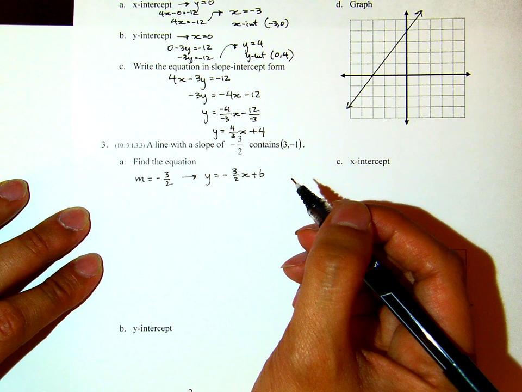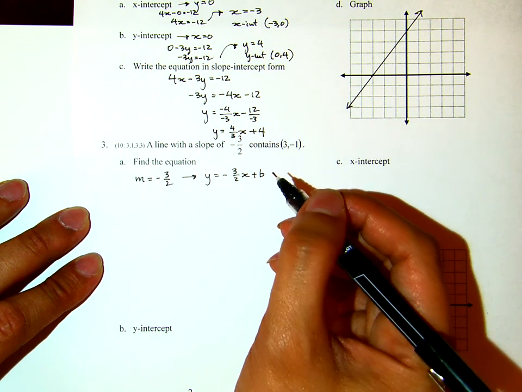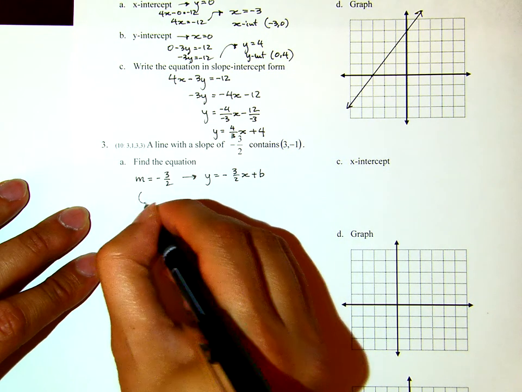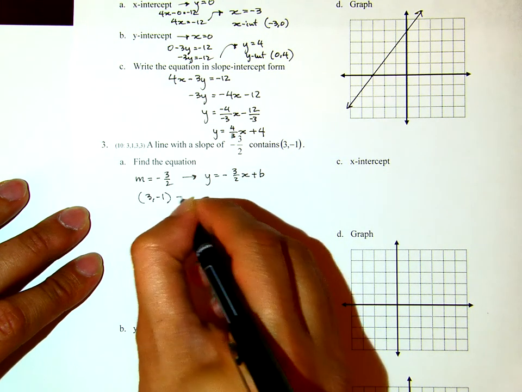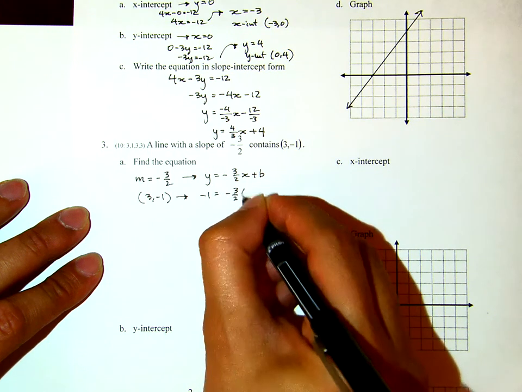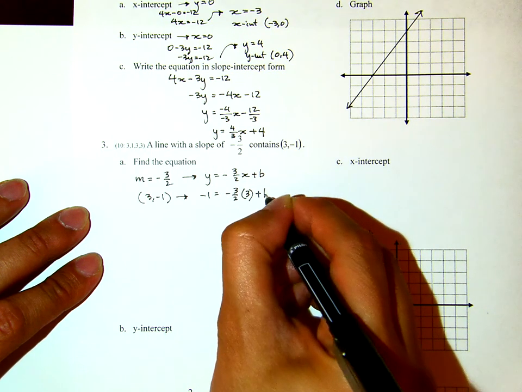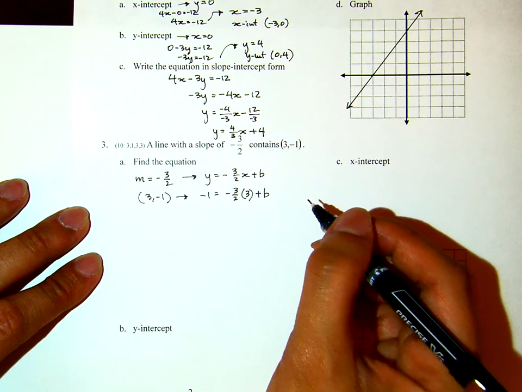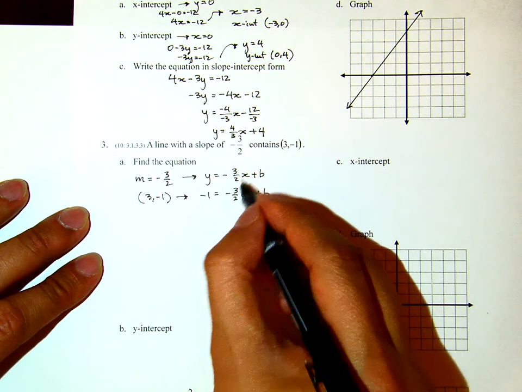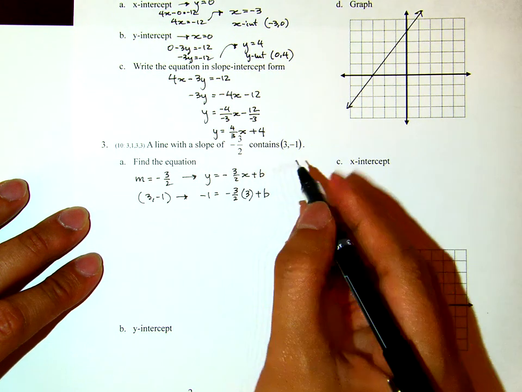What I will do next is substitute the x and y by the corresponding coordinate. The y is negative 1, the x is 3. And I will solve for b. Once I get the b, then I know the equation, because we know the slope already, but we don't know the b yet, right?